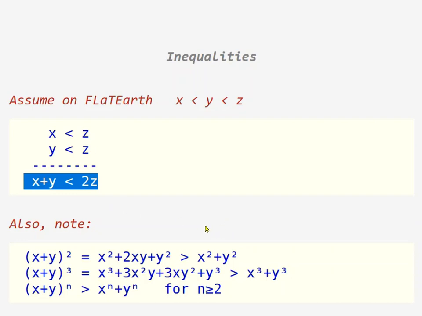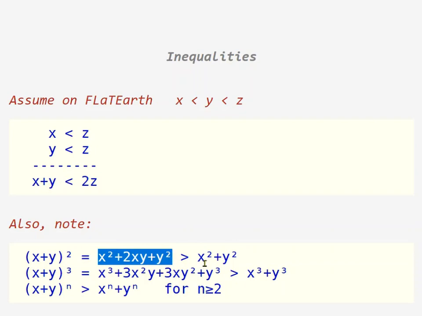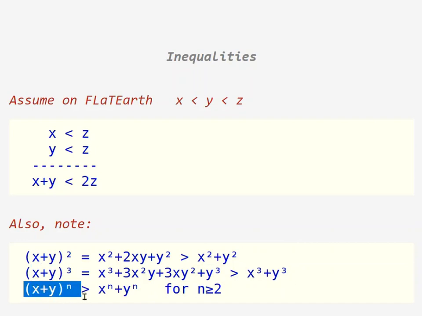Also note, x plus y squared, which is this, must be greater than x squared plus y squared, because we're working with positive numbers at the moment. x plus y cubed must be greater than x cubed plus y cubed. So x plus y to the n must be greater than x to the n plus y to the n for n greater than or equal to 2.